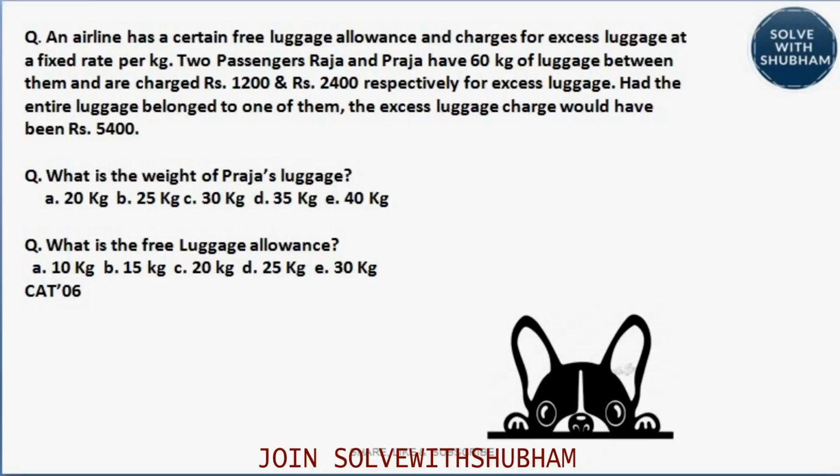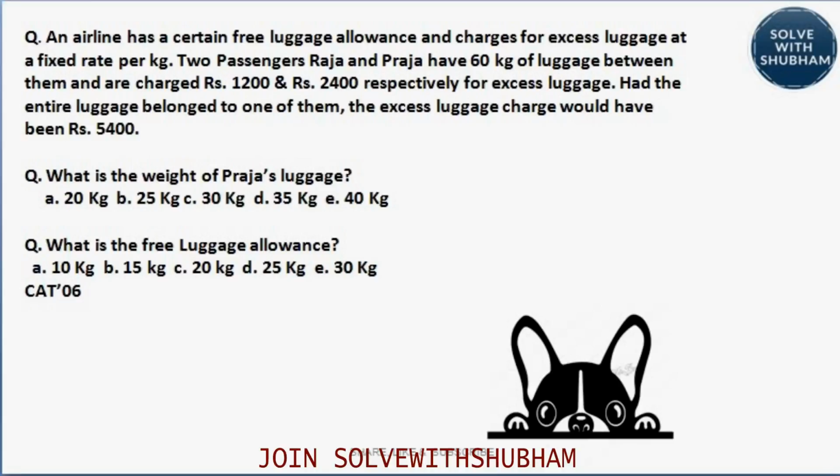Had the entire luggage belonged to one of them, the excess luggage charge would have been 5400. Question number 1. What is the weight of Praja's luggage? We have been given 5 options. Question number 2. What is the free luggage allowance? We have been given 5 options. It is a CAT 2006 question.